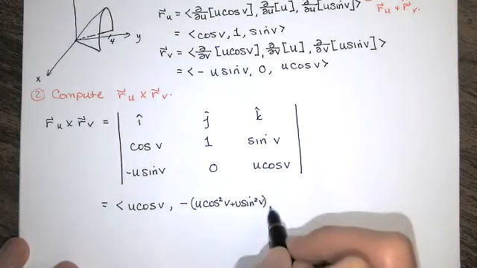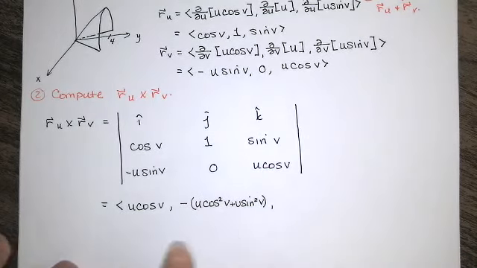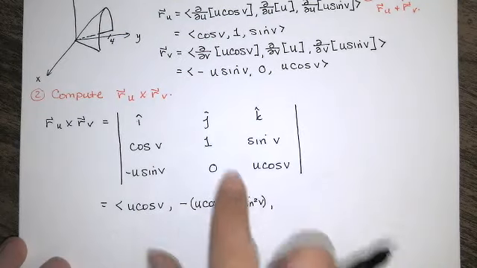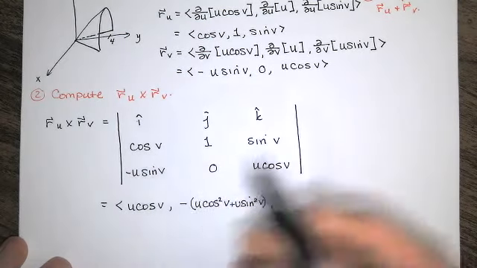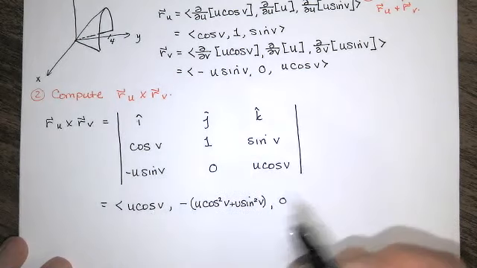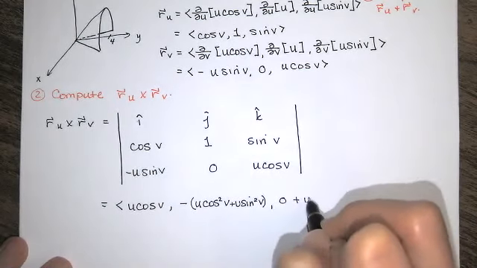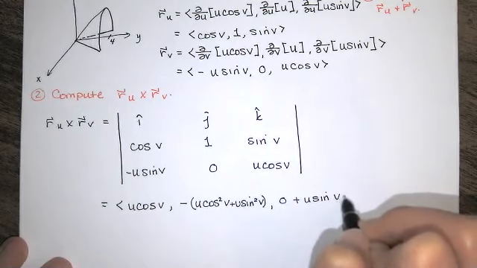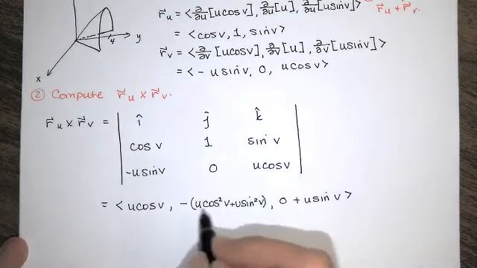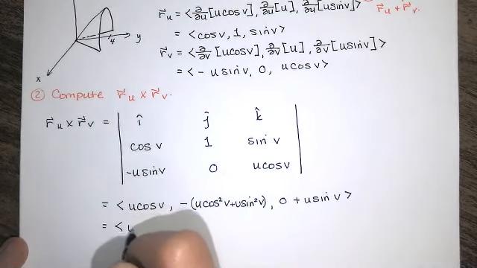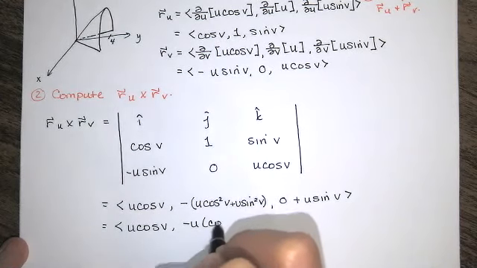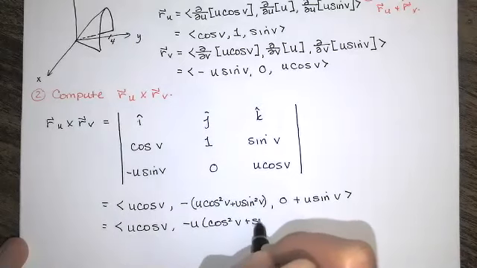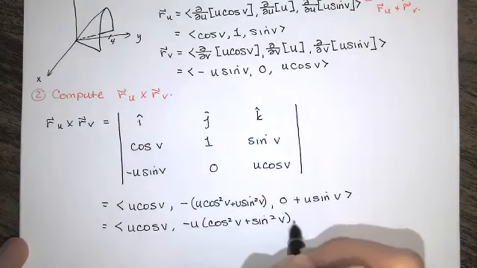Oh, that's nice. You guys see it? You see the simplification coming? I hope you do. Cross out that row and that column. Last thing we do is 0 minus this. We're subtracting a negative, so that's adding. And if you factor out a u from here, we get that.